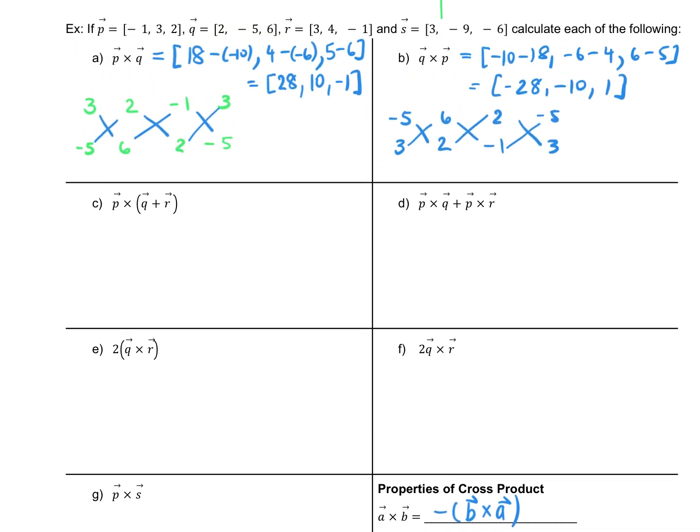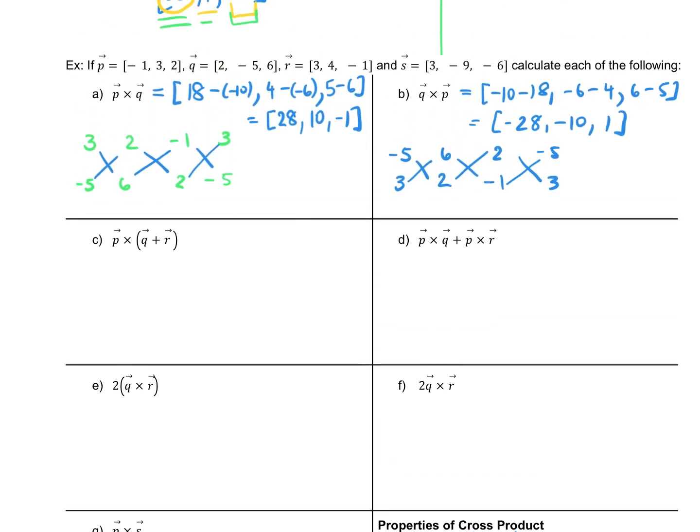Okay, let's take the cross product of vector P with the resultant vector Q plus R. So I am going to calculate Q plus R first.